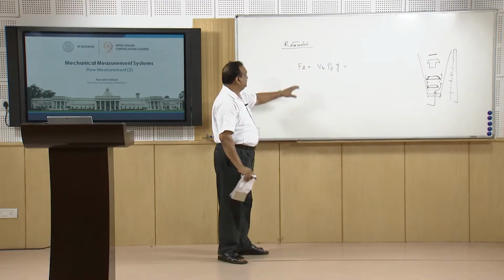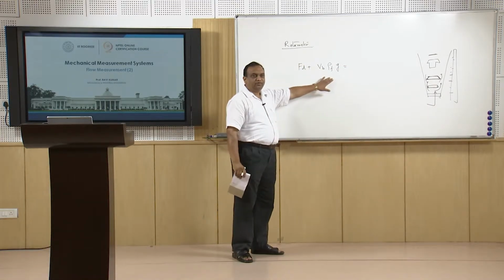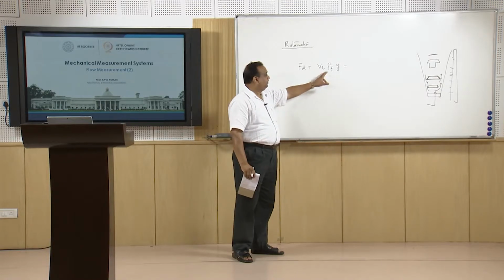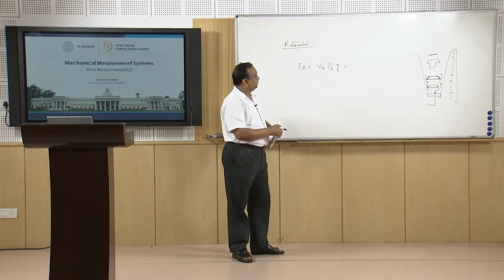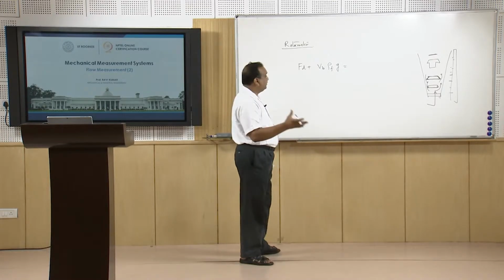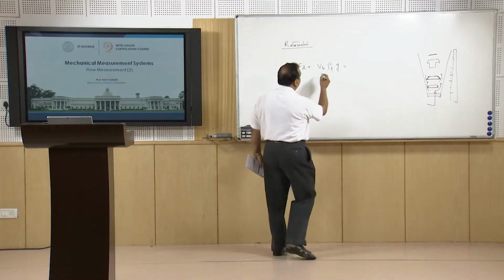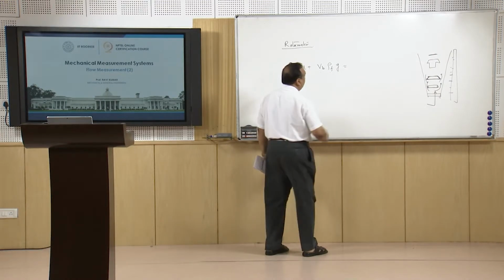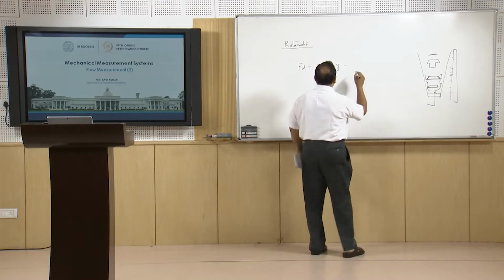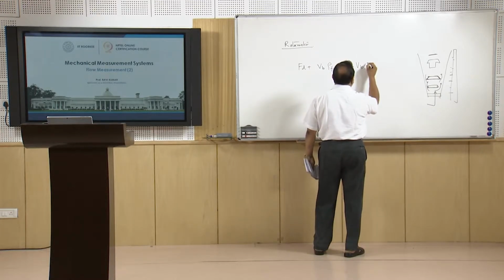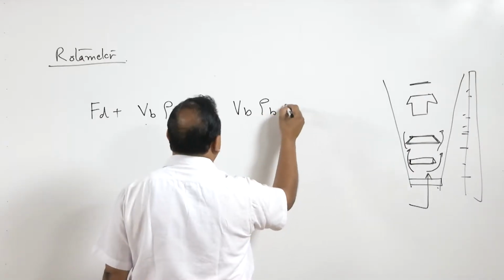So, drag force and this buoyancy force which is working on it, it is equivalent to the weight of the water which is replaced by this bob, that is volume multiplied by density multiplied by g. Gravity force on the bob is volume of the bob, density of the bob and g.